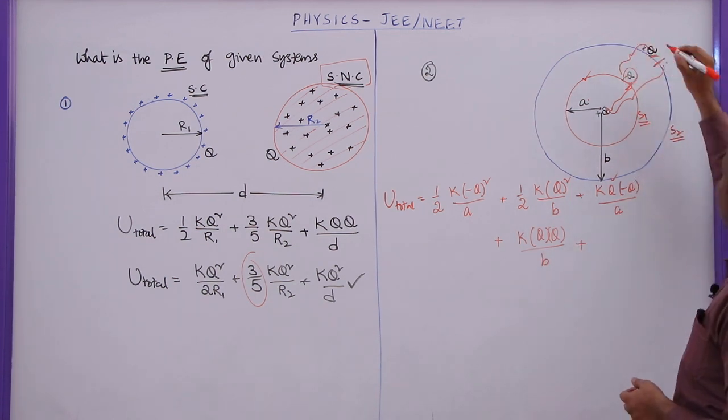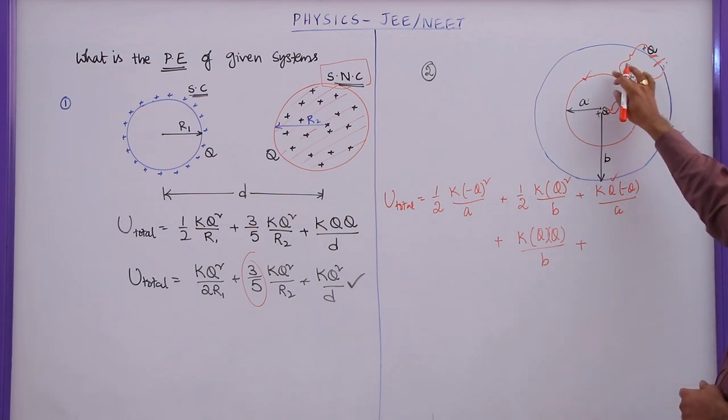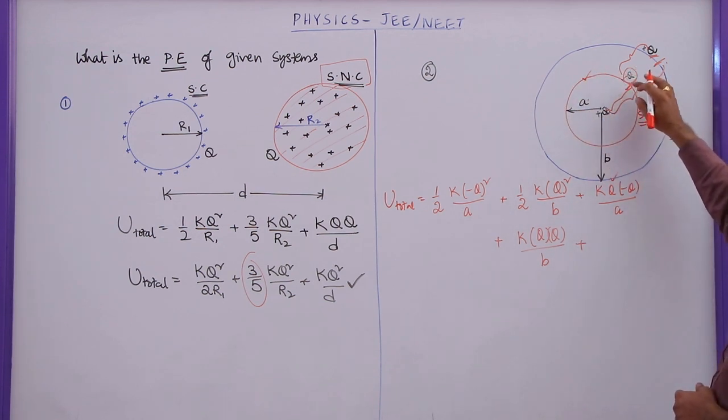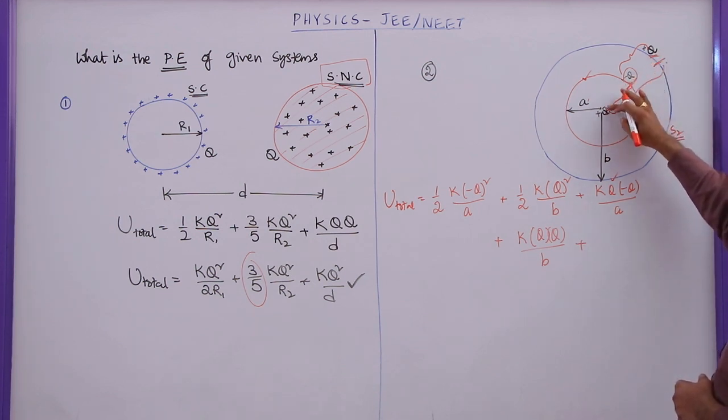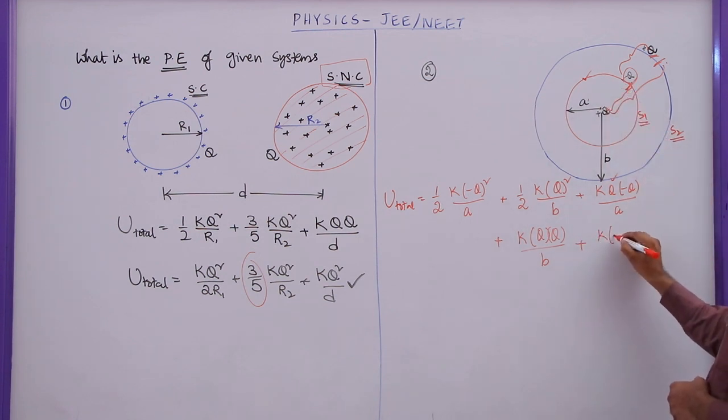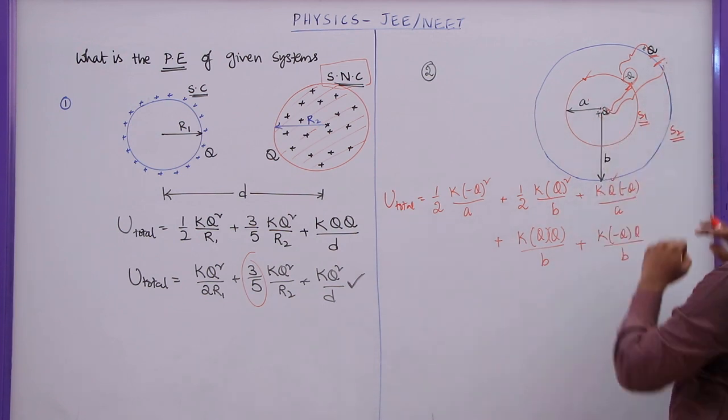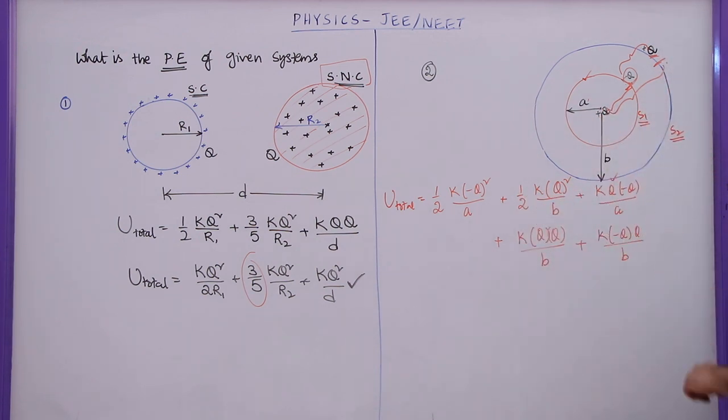Even though the charge is spread on the outer surface of the first sphere, while taking two point charges, that means if you consider this and this as point charges, this should be considered here. So this is k minus q into Q by the distance between these two, b. So these are the 5 terms.